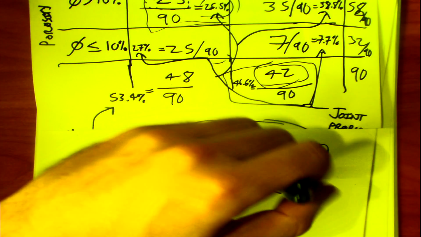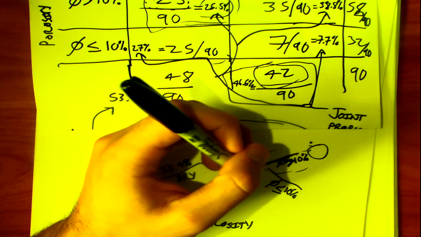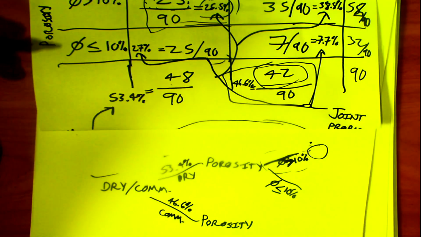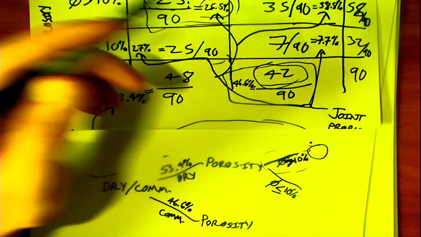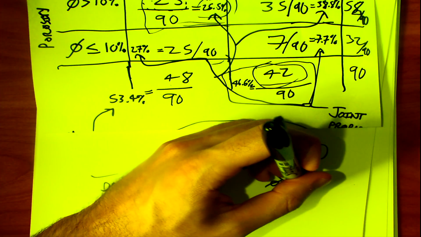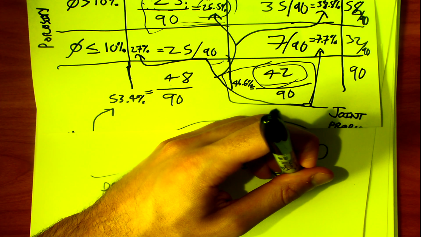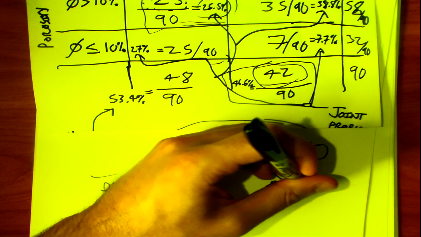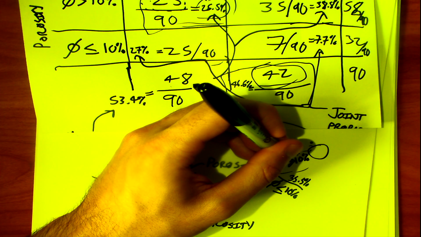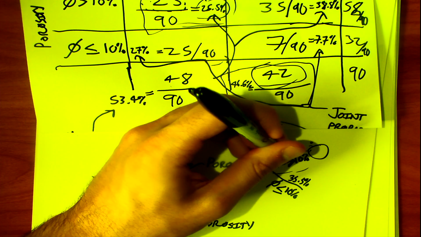However, right now we're just asking the question of whether we have a porosity greater than 10% or less than 10%. So now we're looking over the right side, at 32 out of 90. 35.5% is less than, and this is 1 minus that, 64.4%.